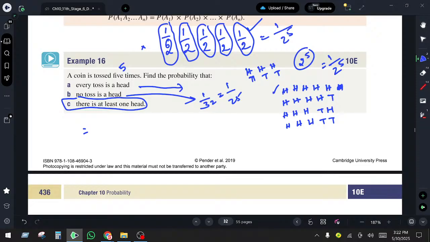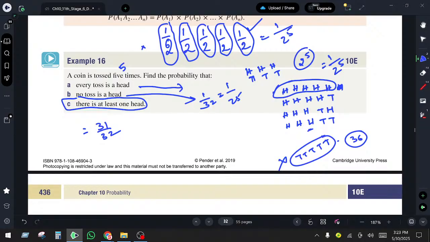If you do like this, you will get 32, and out of that, the last one is tail, tail, tail, tail, tail, which has no head. So at least one head means it is 31 out of 32. Is it clear? At least one head means everything except all tails. It's 1 minus 1 over 32.